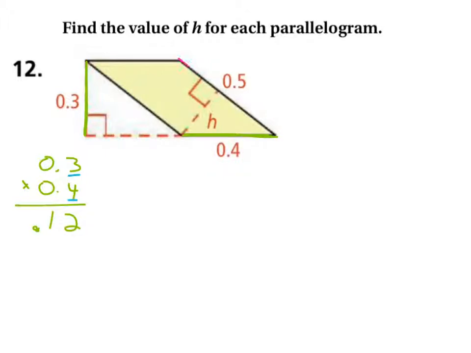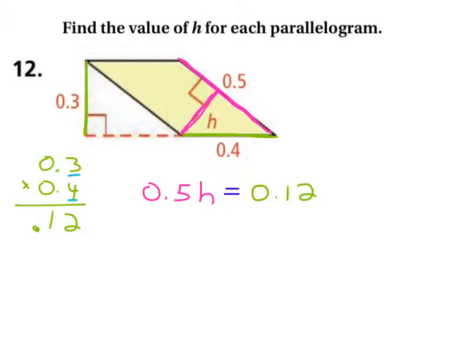Well, here we've got this pink base of 0.5, and here we've got this height of h. So we can say then, and I'll write this in pink, 0.5 times h is equal to what we know the area is, 0.12. Okay? And then what do we have to do to solve for h?